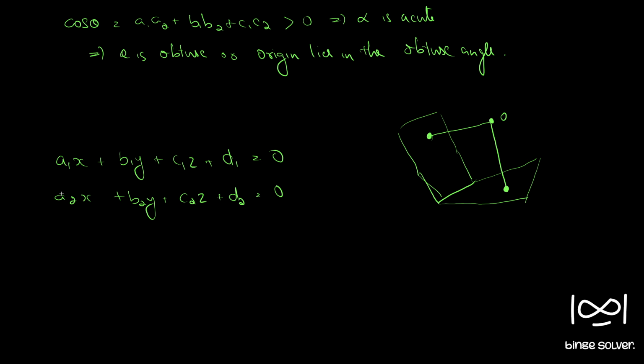There is a formula, and we can find this point by substituting 0, 0, 0. We get d1 by root of a1 square plus b1 square plus c1 square as this point, and we get d2 by root of a2 square plus b2 square plus c2 square as this foot of perpendicular.